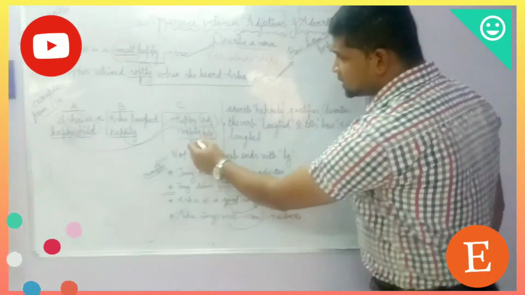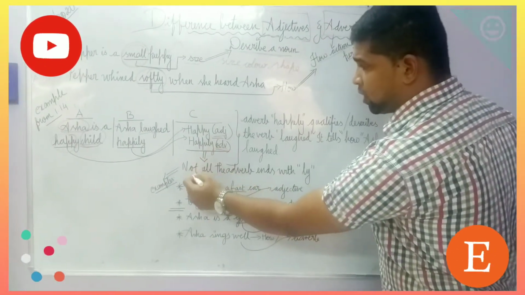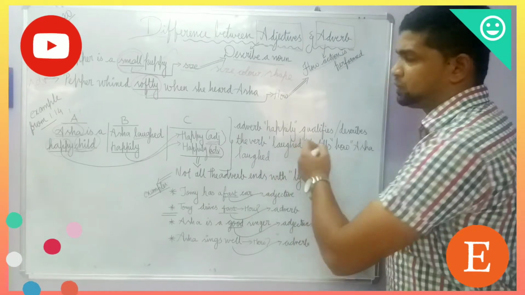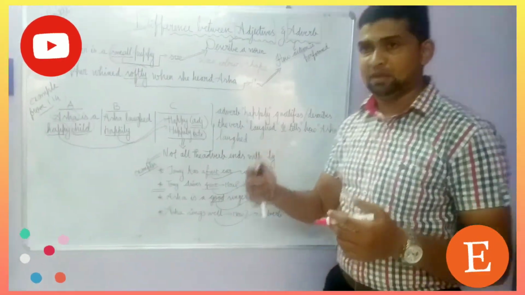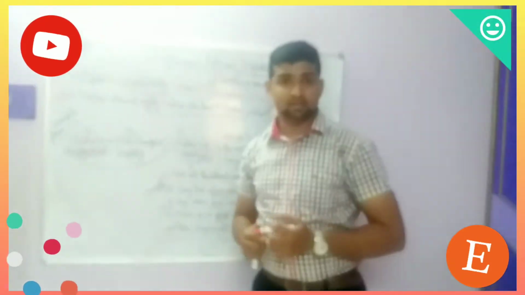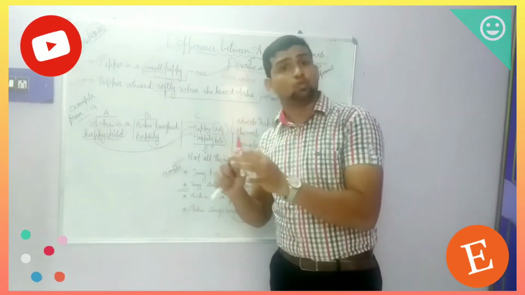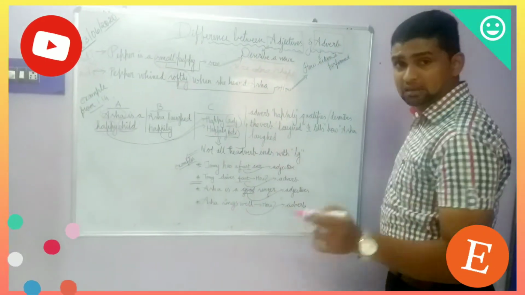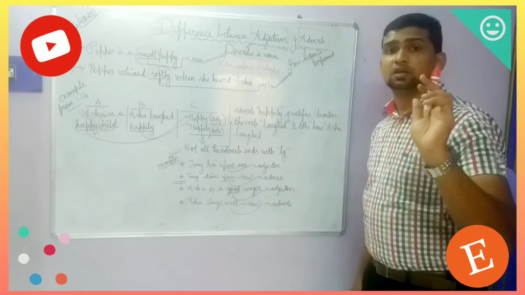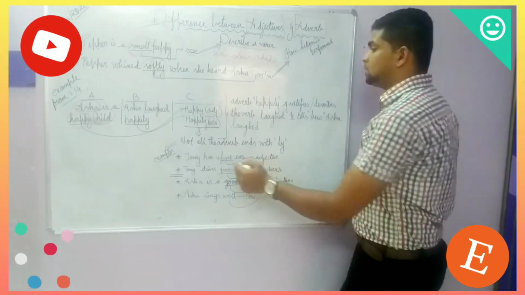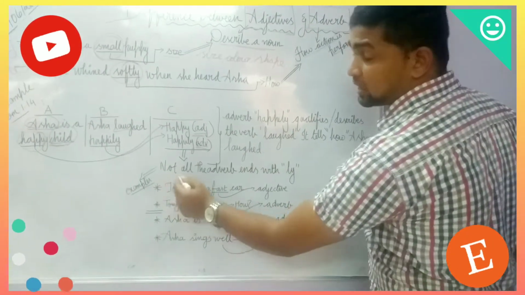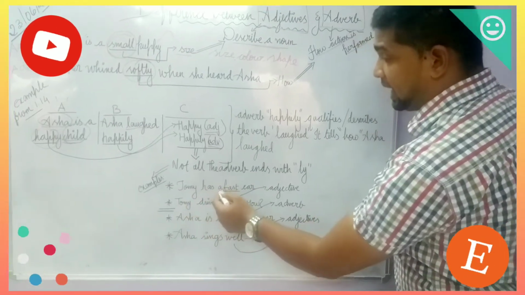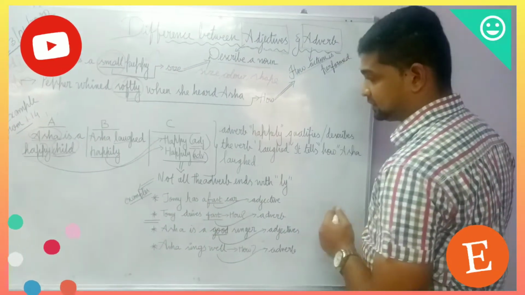Okay. So not all adverbs end with ly. So we say happily, angrily. These are not the only adverbs. There are some examples I have written from the grade 5 studio. Tommy has a fast car.